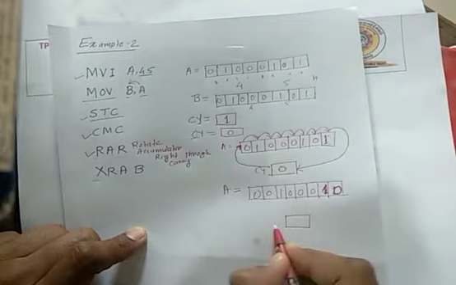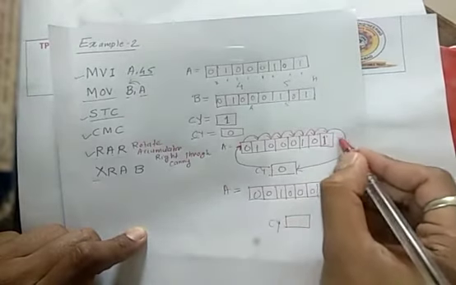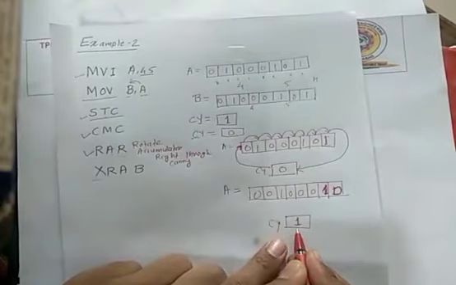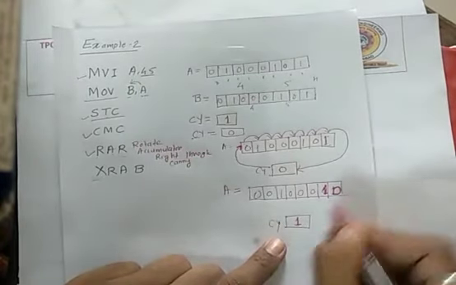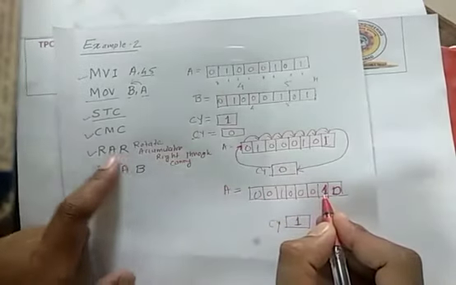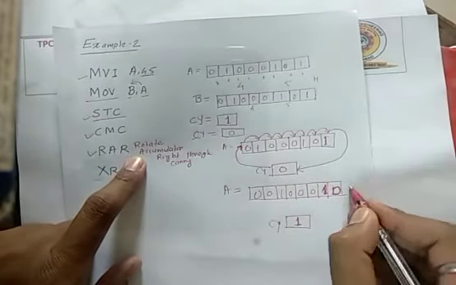So the carry flag is now set: carry is 1. This is the accumulator after the RAR instruction.